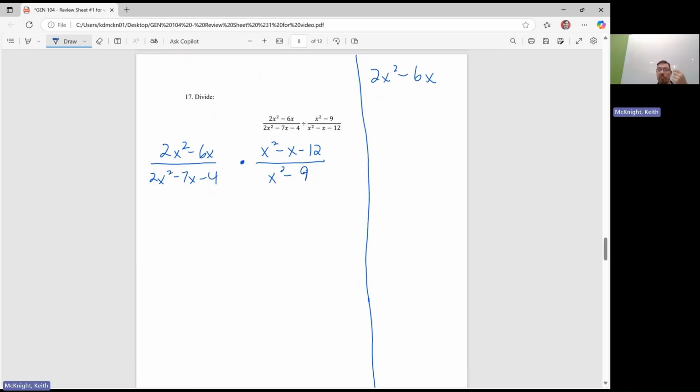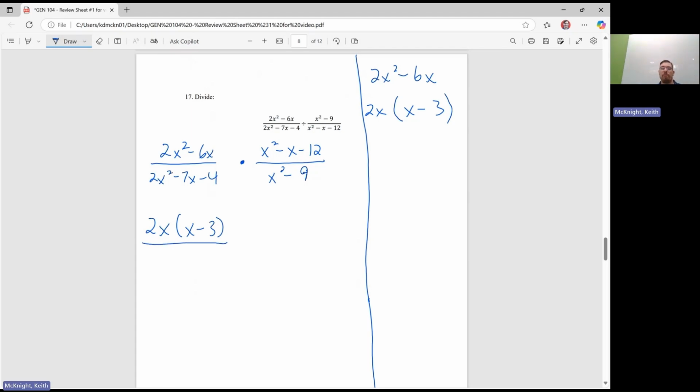So we're going to factor out a 2x. That leaves us x, because 2x times x is 2x squared, minus 3, because 2x times 3 is 6x. So that first one is factored. That's what we put on the top of our left-hand side: 2x times (x minus 3). So we factored that first top.